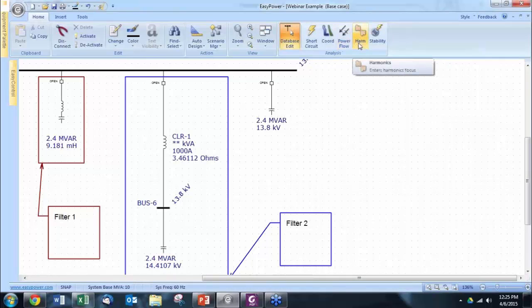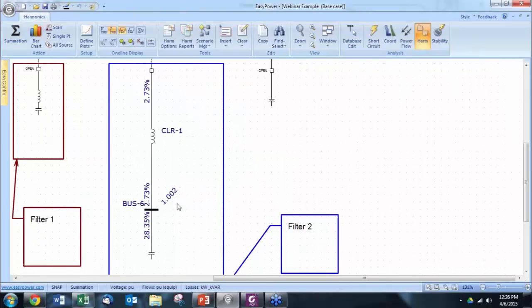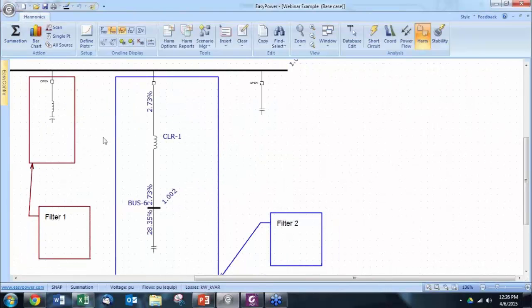Let's see, when we go into the harmonic focus and we make an analysis of the filter, I want to evaluate this, the root sum squared voltage, which is the voltage including all harmonics. It's a little over 1 because I have very little harmonics in the system.